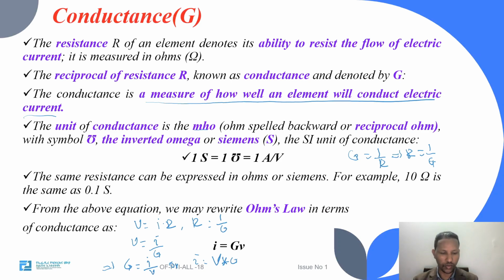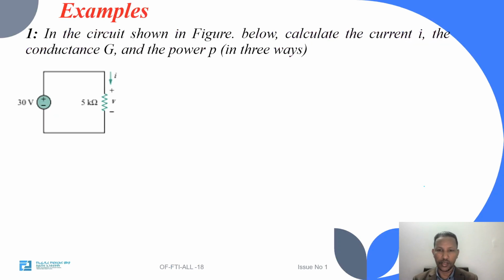So Ohm's law holds true if the element has a conductance value. For example, a resistor with a 10 ohm resistance value has 0.1 Siemens of conductance, just by taking the inverse of the resistance value.